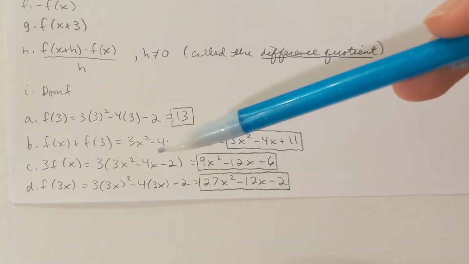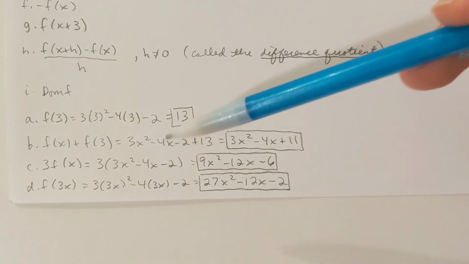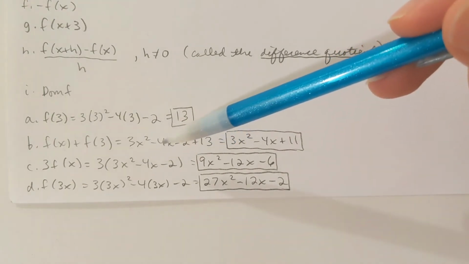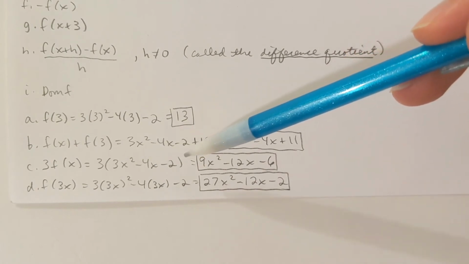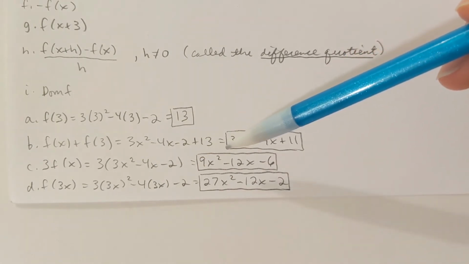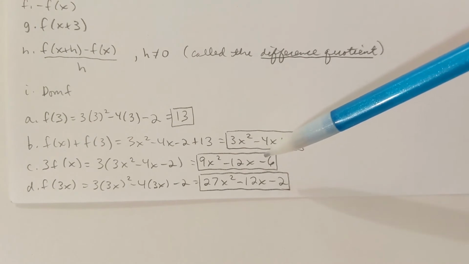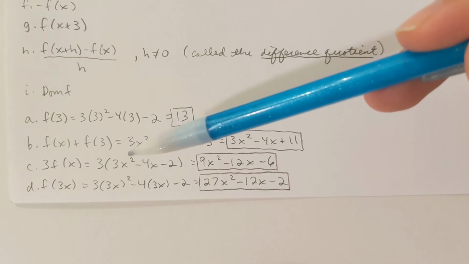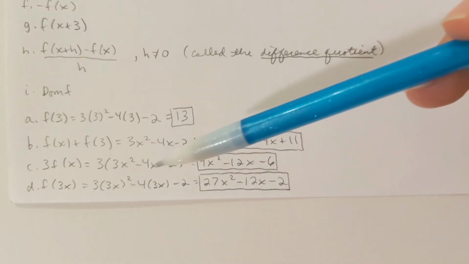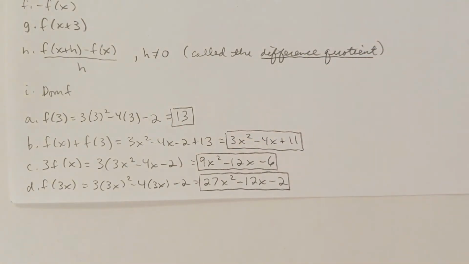Okay, part C, 3 times f of x. Well, f of x is 3x squared minus 4x minus 2. So I'm going to multiply each of those by 3. I get 9x squared minus 12x minus 6. Now that's different from f of 3x. f of 3x means replace x with 3x everywhere.